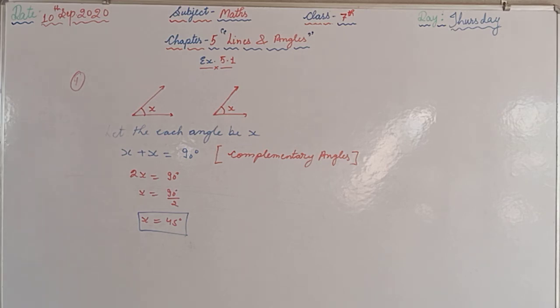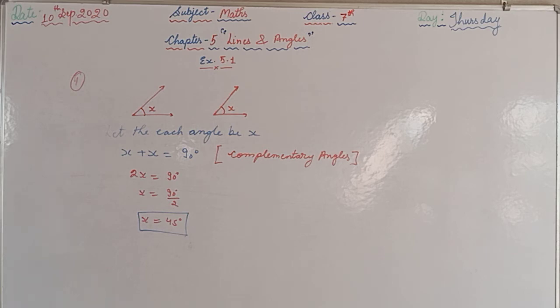If angle 1 decreases, then angle 2 will increase, so that both angles will still remain supplementary. If one angle decreases, the second is supposed to increase in the same proportion. So if angle 1 decreases, angle 2 will increase.